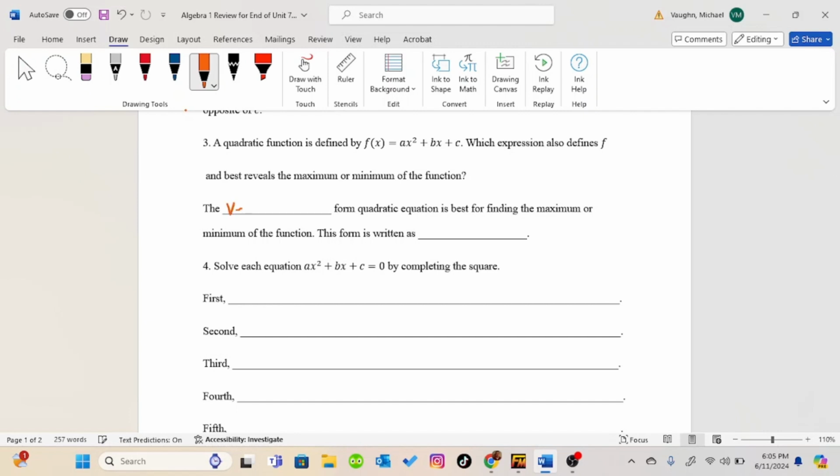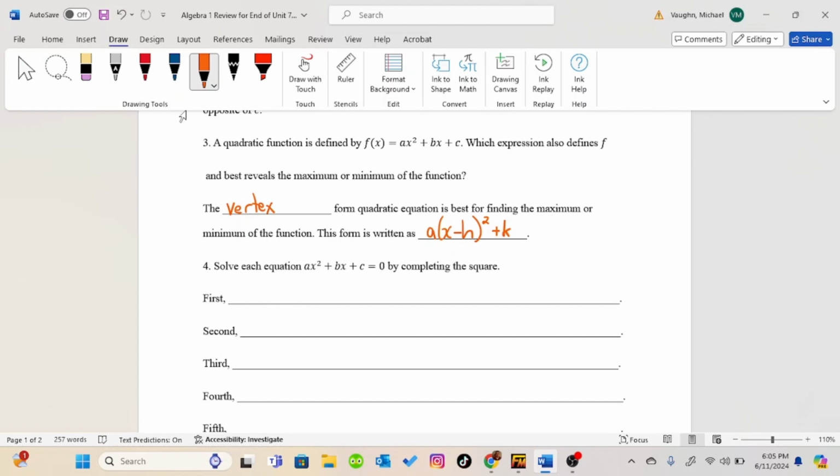The vertex form of a quadratic equation is best for finding the maximum or minimum of the function, because the vertex is the maximum or minimum of a function. This form is written as a times x minus h squared plus k, where h is the x coordinate of the vertex and k is the y coordinate of the vertex.